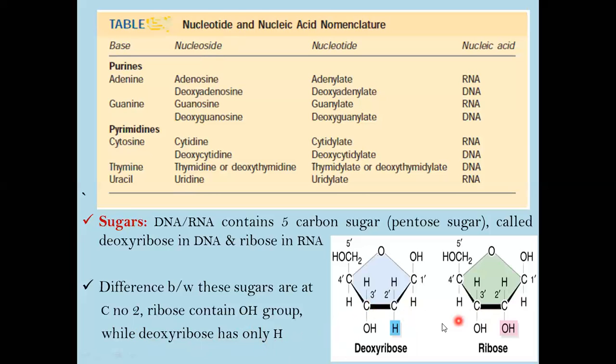So you can see here, this is deoxyribose. This is a pentose sugar. The carbon numbering is given, carbon 1, 2, 3, 4, 5. The main difference between ribose and deoxyribose is at carbon 2. You can see at carbon 2 only hydrogen is present, and in RNA or ribose at carbon 2 an OH group is present. So it is known as ribose and deoxyribose.